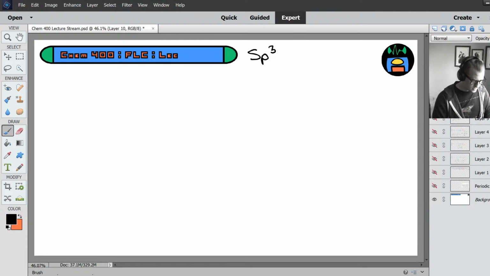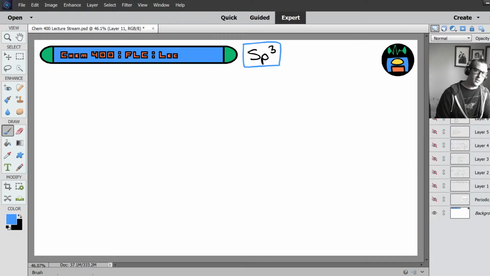You'll notice, some of you may have noticed already, that we underwent a very subtle shift when we moved from talking about electron configurations to Lewis structures to VSEPR.